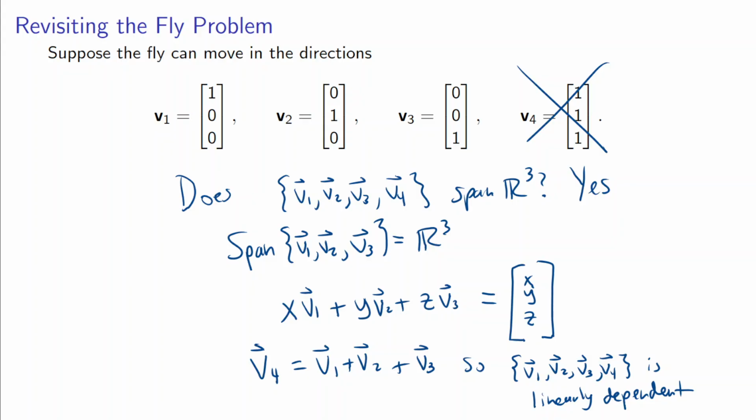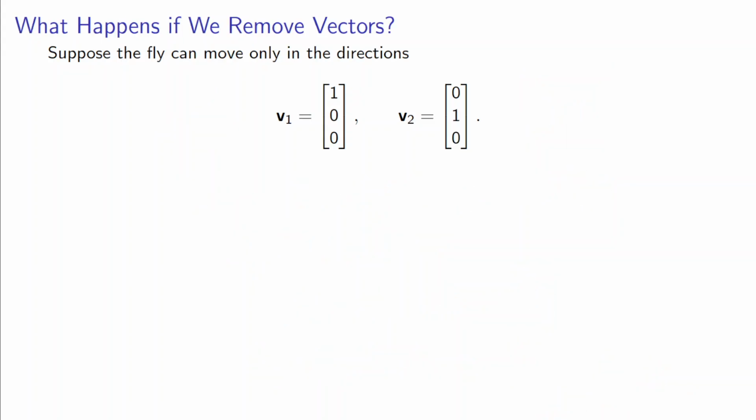So the question about whether we can get to any point is a question of spanning, but the question of how many vectors we need, whether we have too many vectors here, and could we potentially get rid of one or more of these and still span all of R3, is a question of linear dependence. If we dropped two of those vectors, so we're just considering v1 and v2, now we cannot get to every point in R3.